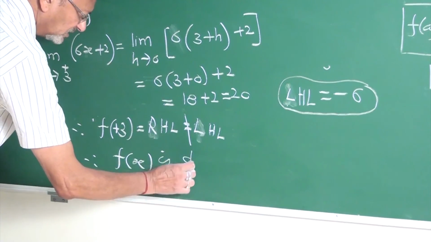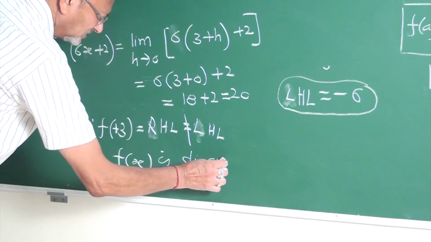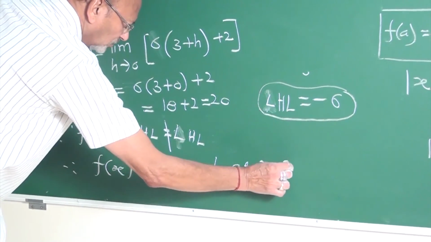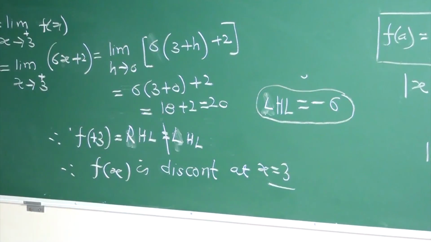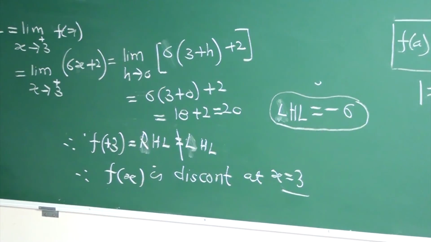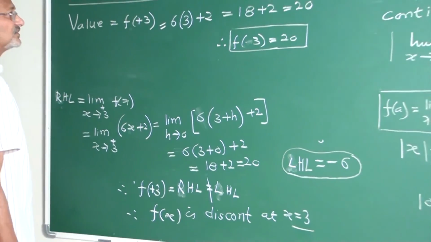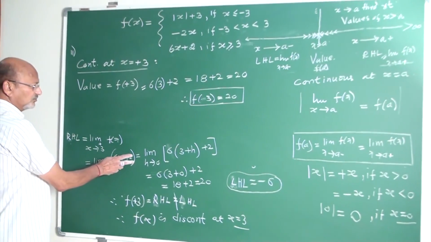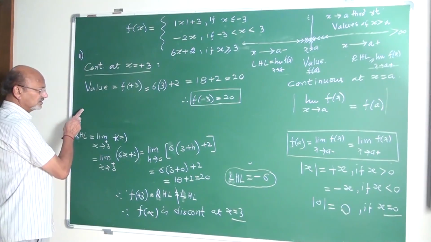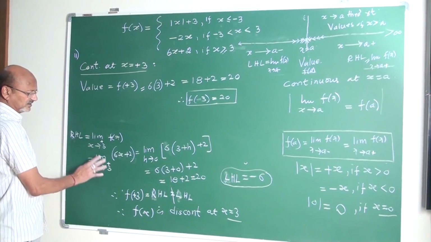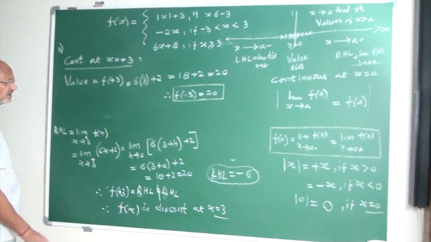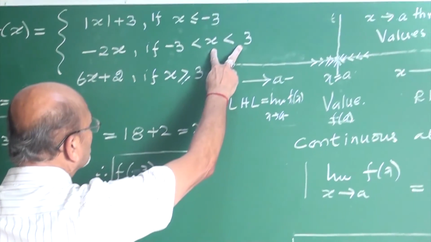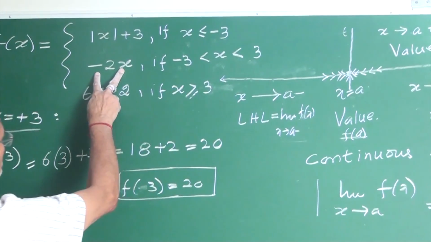The given function is discontinuous at x equal to plus 3, my friends. It is continuous at x equal to minus 3, but discontinuous at x equal to plus 3. A little confusion here, made clear: for LHL, x is less than 3, it's 2x.